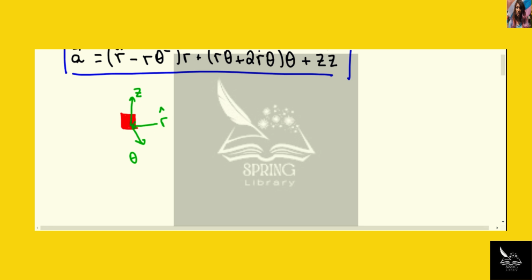The forces that act on the boy are the gravitational force, that points downwards, so this is the gravitational force, mg. And we also have the normal that the slide exerts on the boy, which points somewhere in this direction.